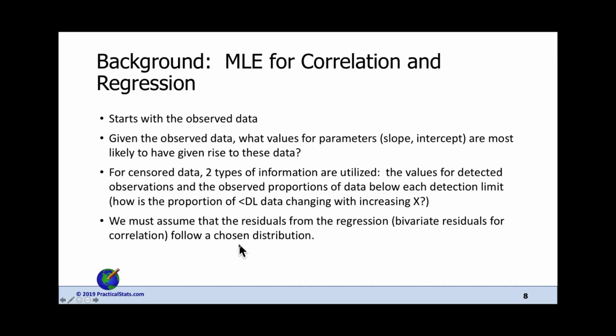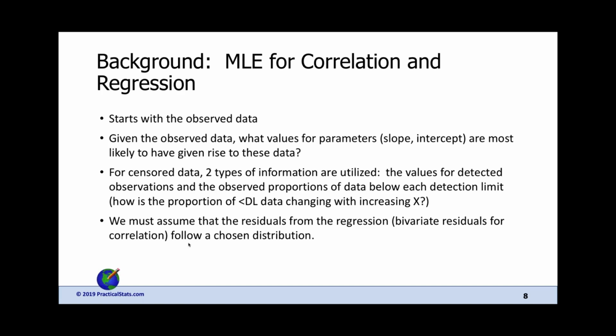These maximum likelihood methods are parametric, meaning that you have to assume a distribution. The distribution, like with ordinary regression, is the assumption about the residuals, that the residuals have to follow a specific distribution, and generally that's a normal distribution for regression.